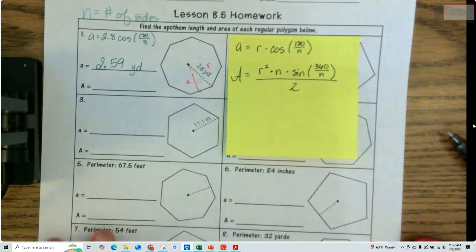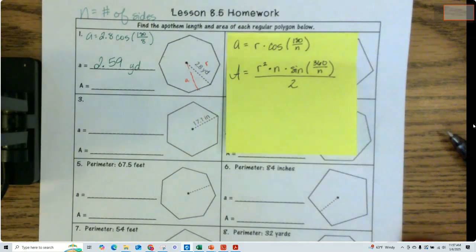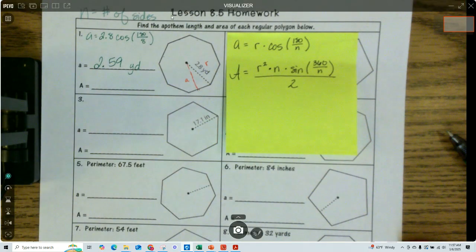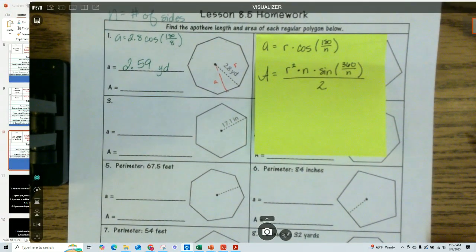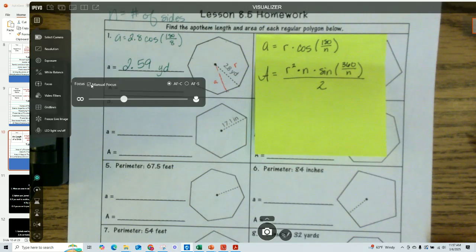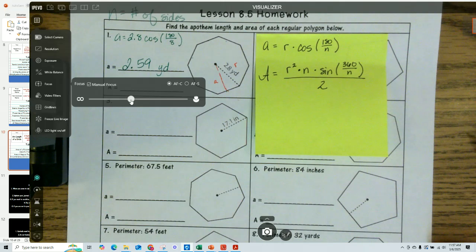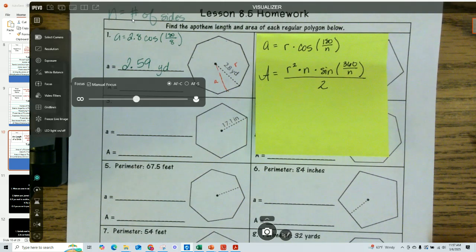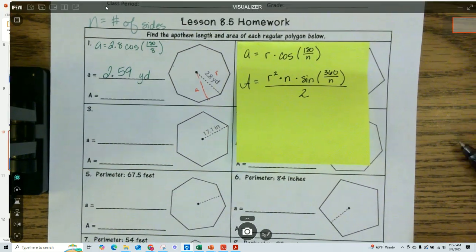So there's a lot of pieces to put in, but again, there's nothing that we have to really calculate for ourselves. Let me get this to focus. It's already getting blurry on me. There we go.